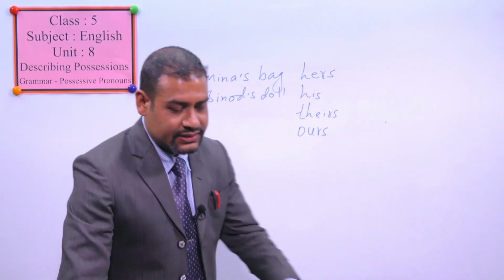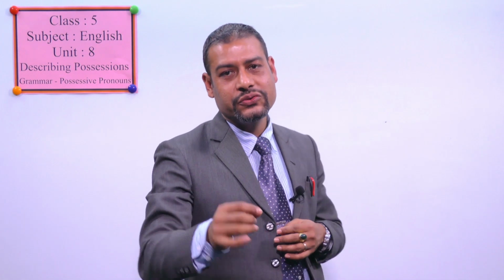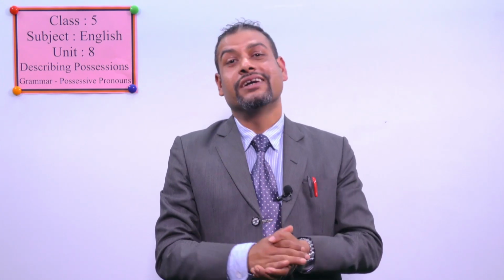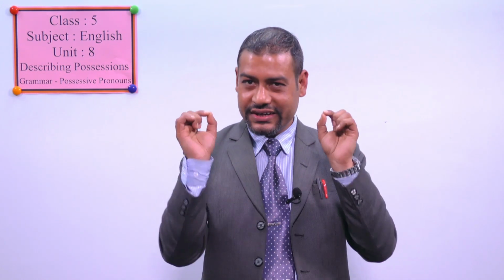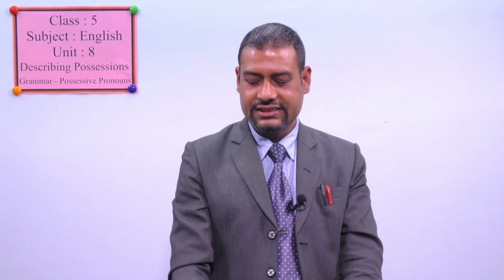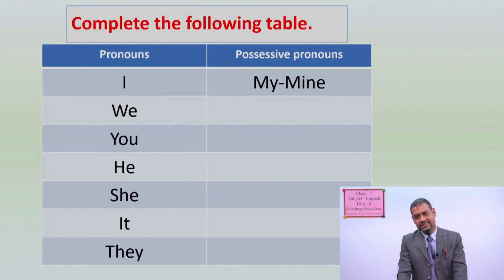So after this, I hope you have got the idea. I just want to give you a small task. Are you ready to do that one? Good. Now be ready with your pen or pencil and please write it down. The table for you is very simple.